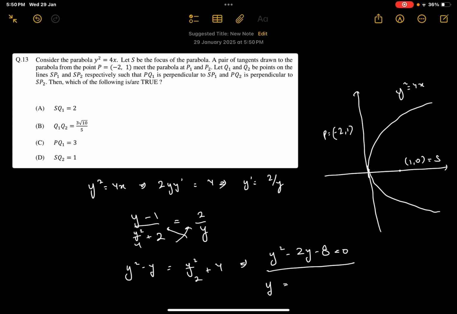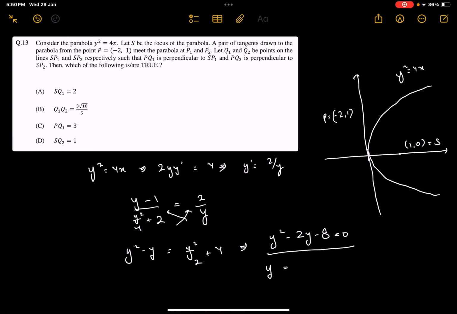So we get the y coordinates of those points are 4 and -2. That gives us the x coordinates as 4 and 1.